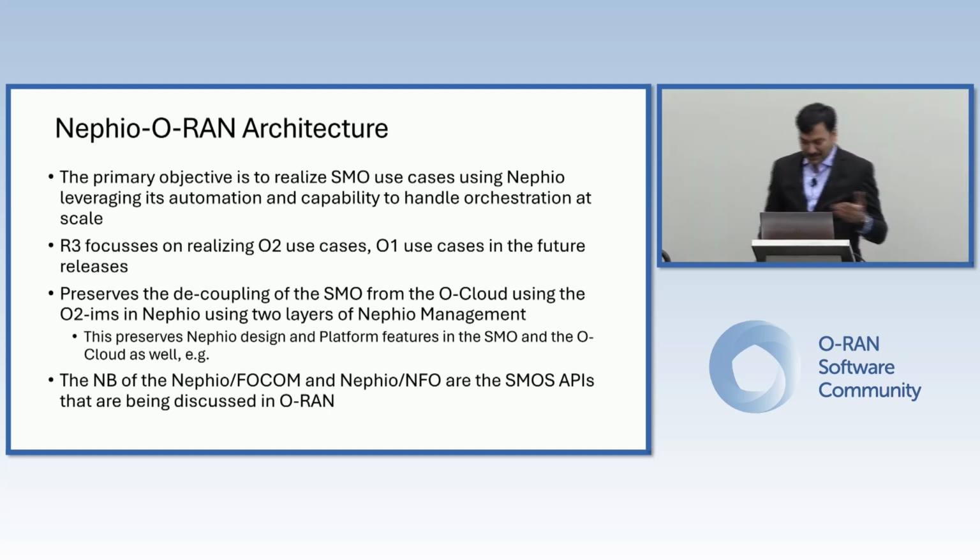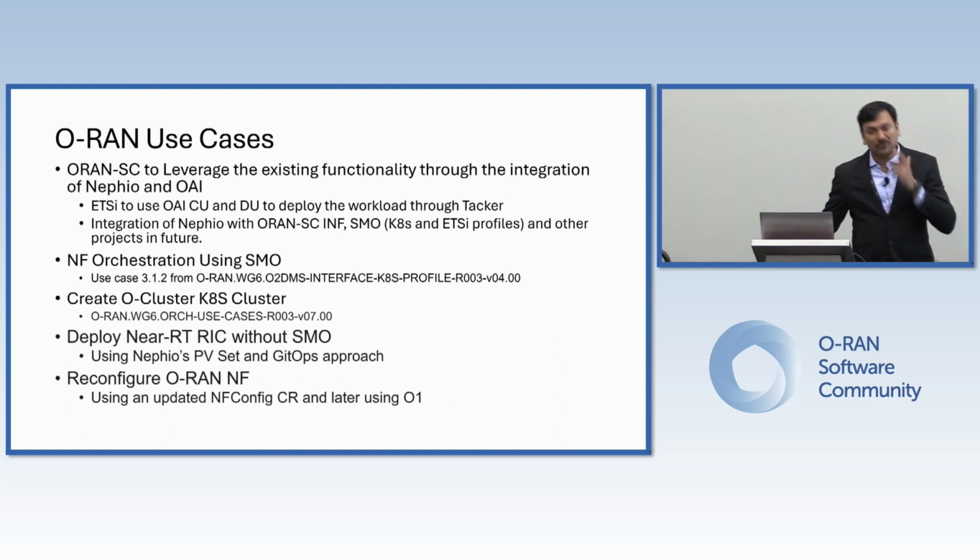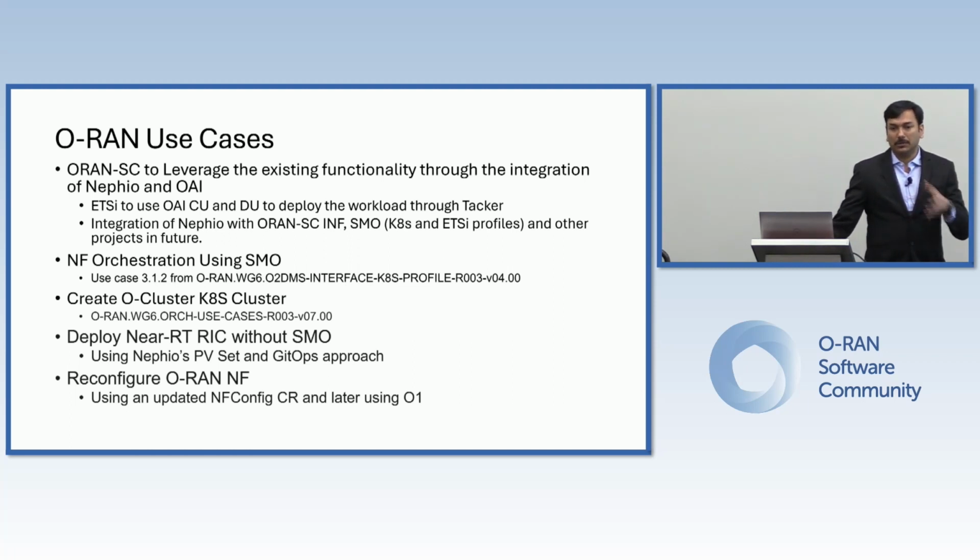I'm sorry I'm not reading the slides because I've got only 2 minutes now. The next important thing is the ORAN use cases which we are trying to do. Here I would say Nephio becomes an enabler. We are not just focusing on Nephio. Nephio becomes an enabler from what we have seen from Ravi's presentation before. So here mainly what we are looking at is how we can do the integration between OSC, Nephio, and OI, all three put together. OI becomes the workload as such.